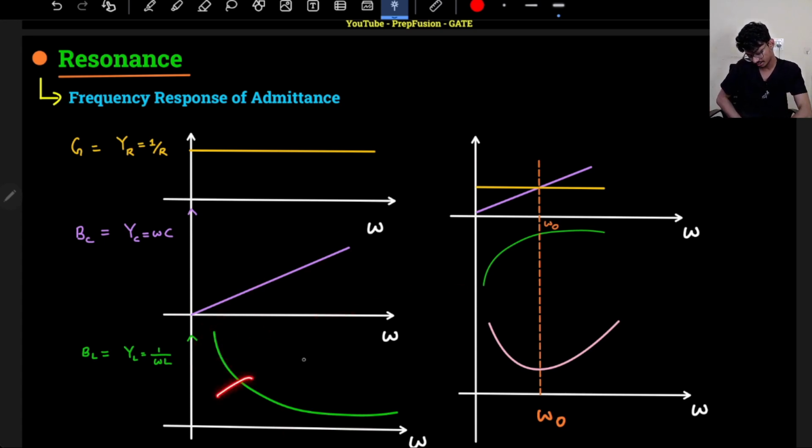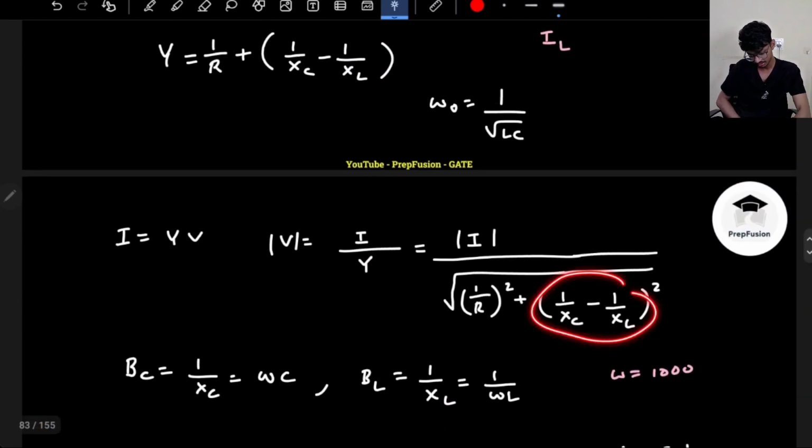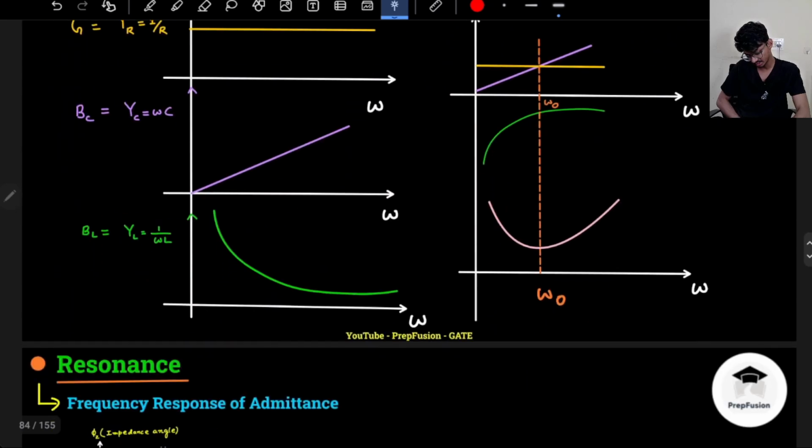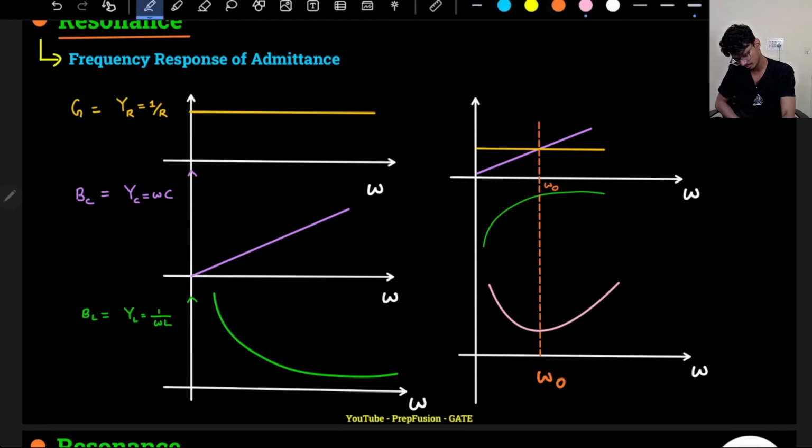Because this is getting subtracted, it is BL minus BC. If you see in the formula, this is BC minus BL, not BL minus BC. So this will be negative. This is minus BL basically, and this is BC.